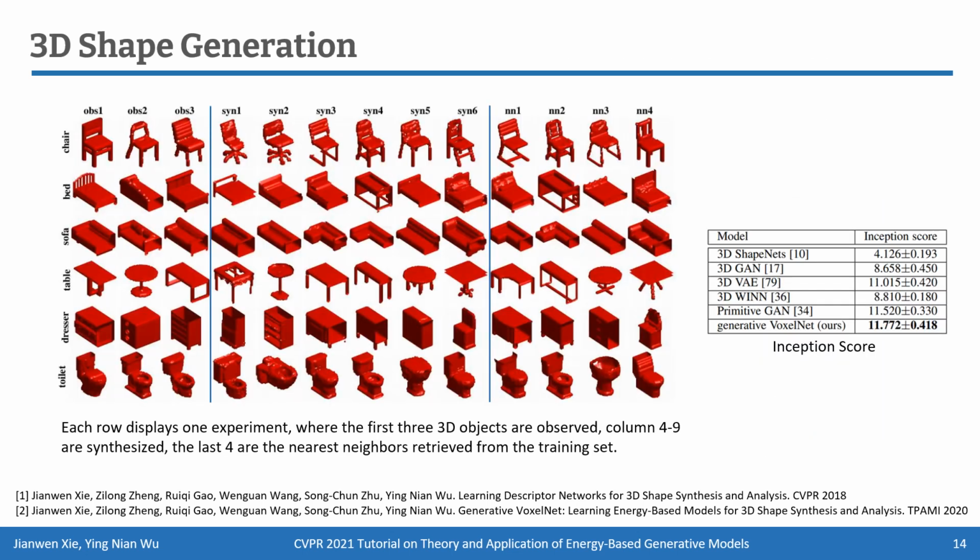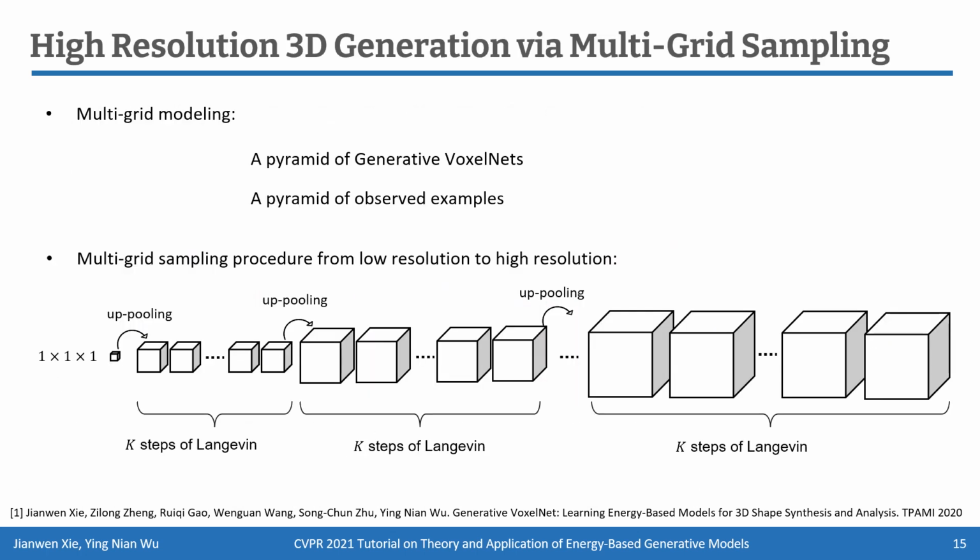This model is powerful for 3D volumetric shape generation and outperforms GAN-based and VAE-based methods in terms of inception score, which is a measure to quantify the synthesis quality. To generate high-resolution 3D shapes, the model can be trained more efficiently by multi-grid modeling and sampling strategy.